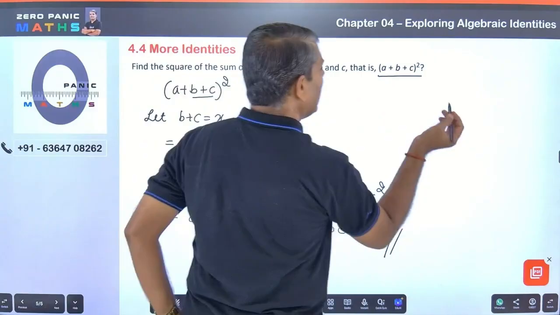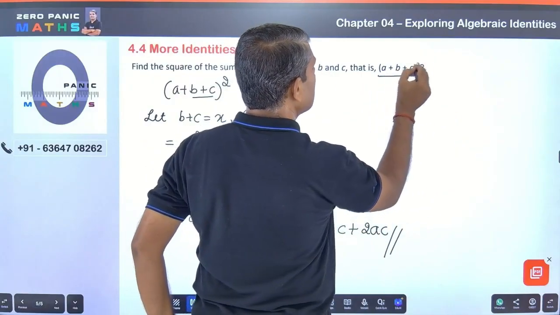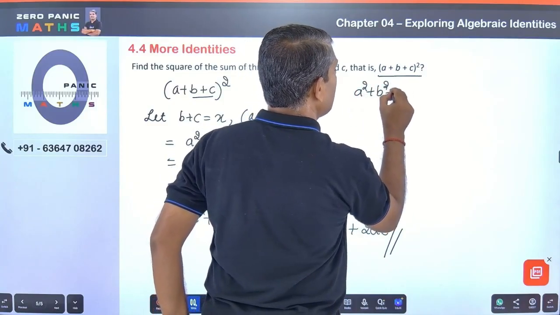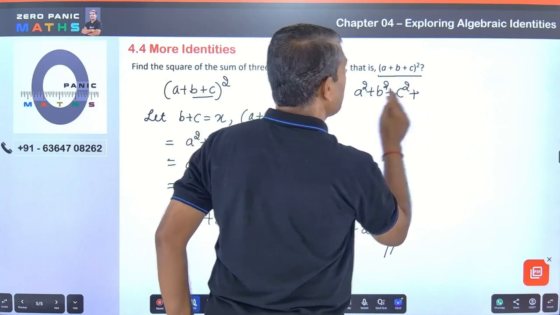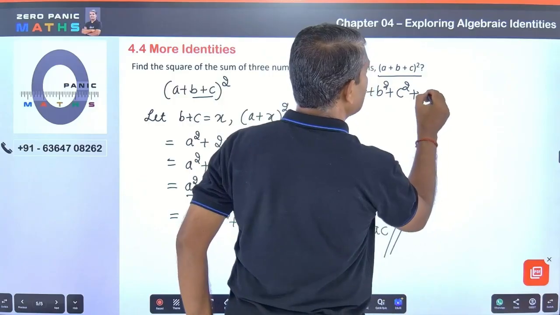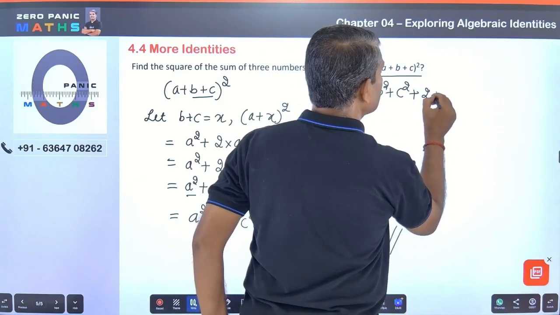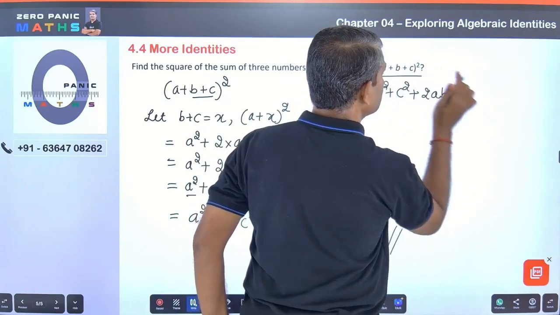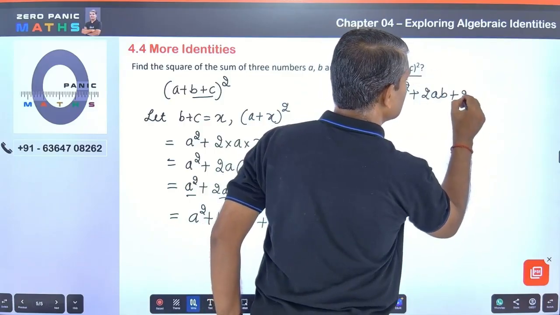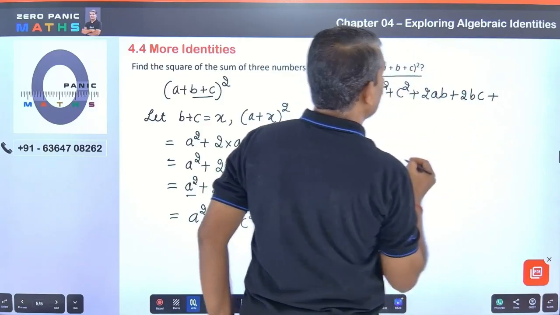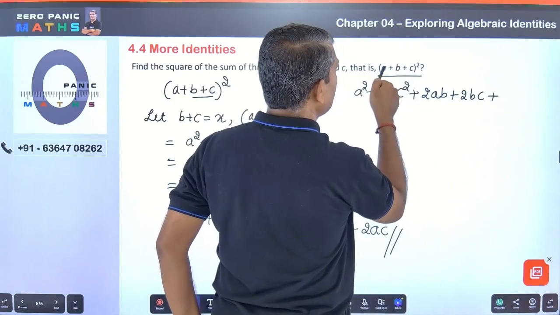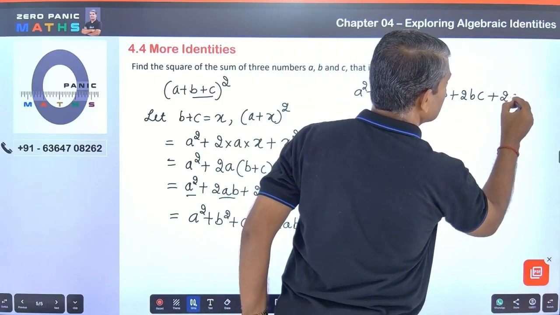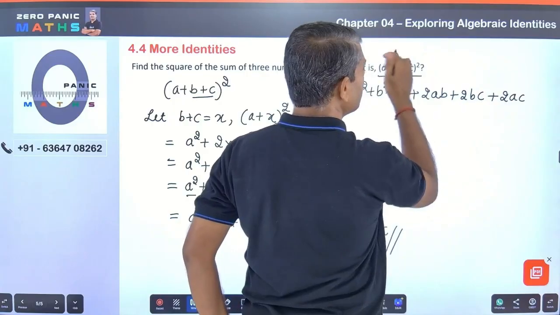You can write and remember this identity also. What is (a plus b plus c) whole square? It is a square plus b square plus c square, first the squares of all three variables, and then 2ab, the product of the first two terms, then 2bc, the product of the second and third terms, and finally 2ac, two times the product of the first and third terms, or you can write 2ca also.